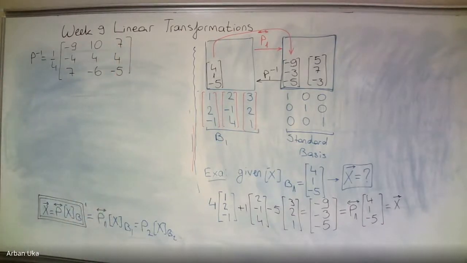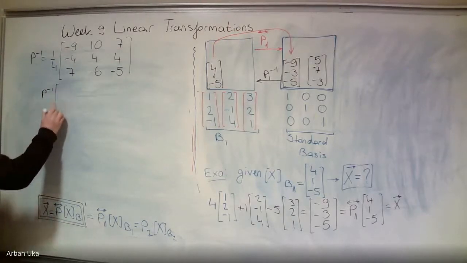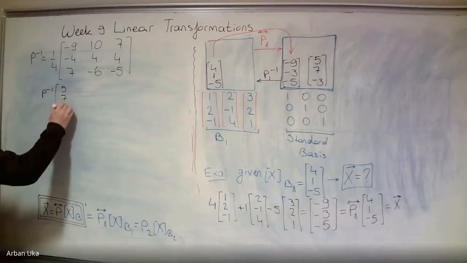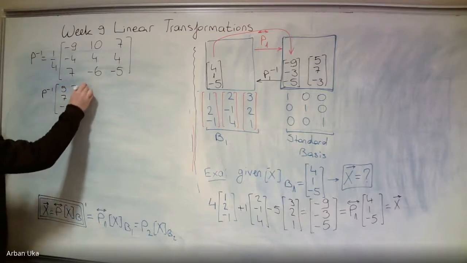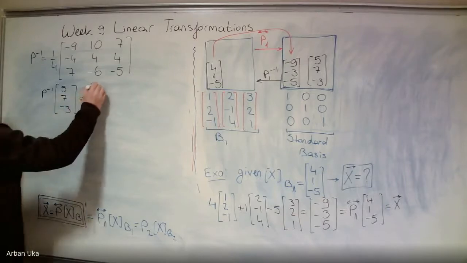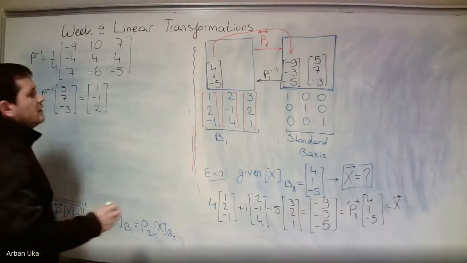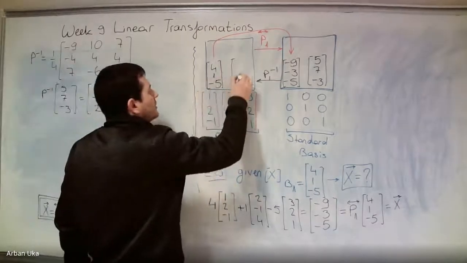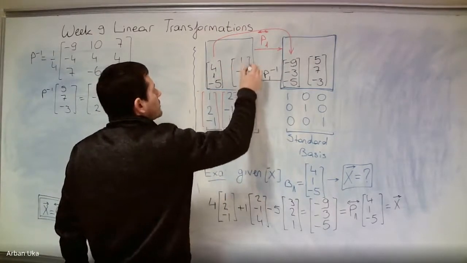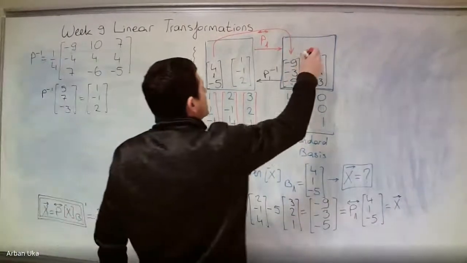Let's multiply this one with the 5, 7, minus 3. So if we multiply these two together, what we obtain is 1, minus 1, 2. And these two are linked together.